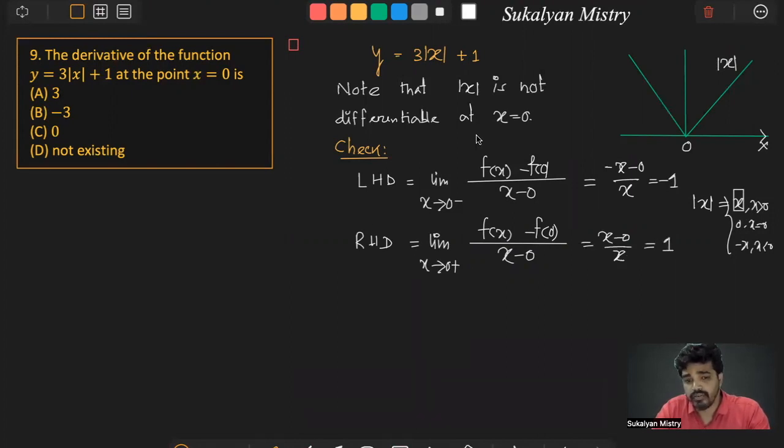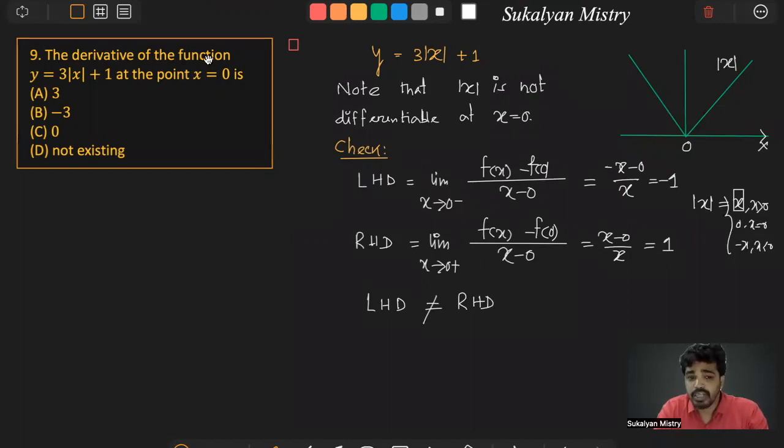Therefore left hand derivative, right hand derivative both exist but they are not equal. So that's why the function modulus x is not differentiable at origin. Okay, clear?